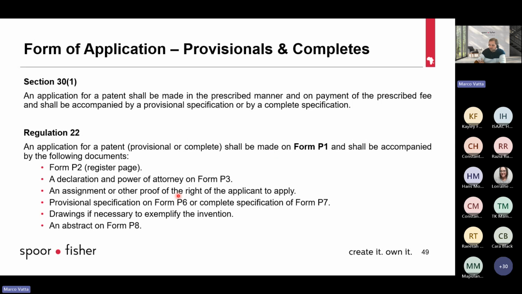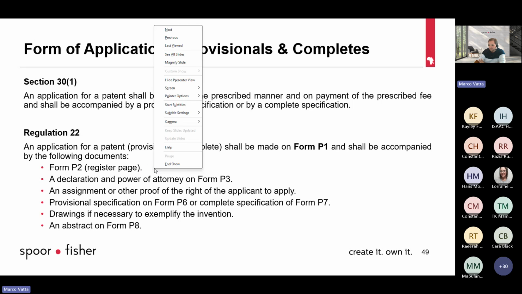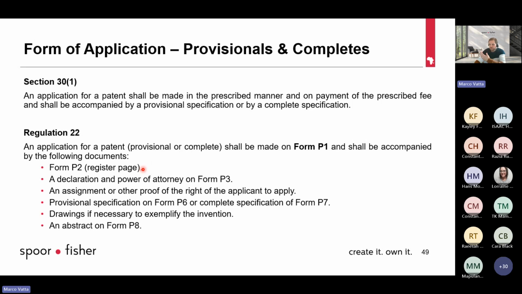Then if you look at Regulation 22, an important regulation stipulating what documents are required in support of that application. It says that the application for provisional and complete must be made on Form P1. It must be accompanied by Form P2, which ultimately is the register page. So the record sheet that is available to the public that includes details of who the applicant is, who the inventors are, priority details, the title of the invention, who the address for service is.